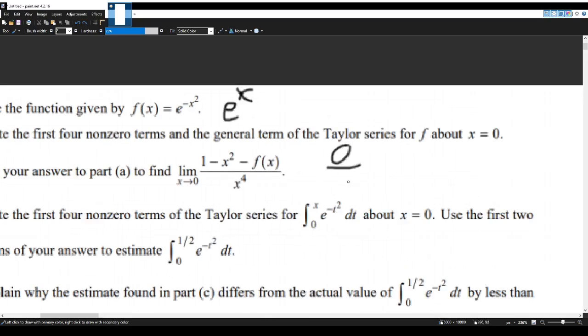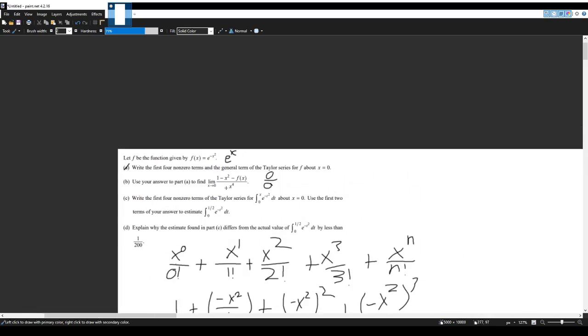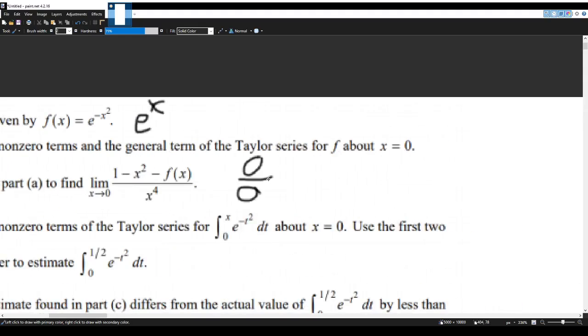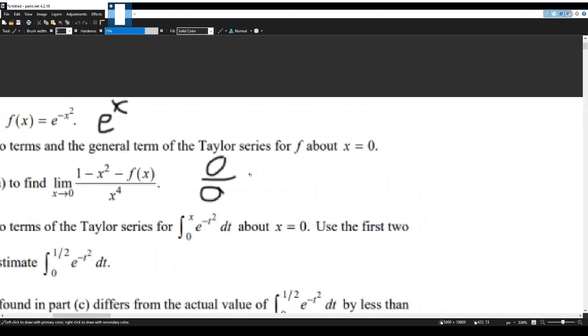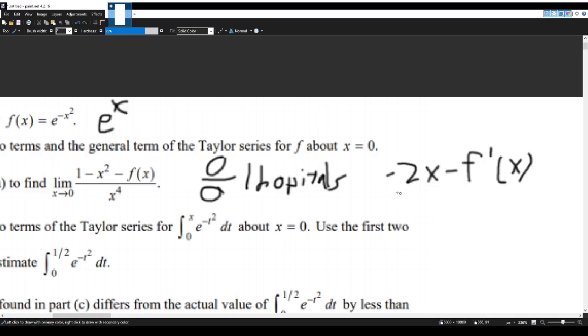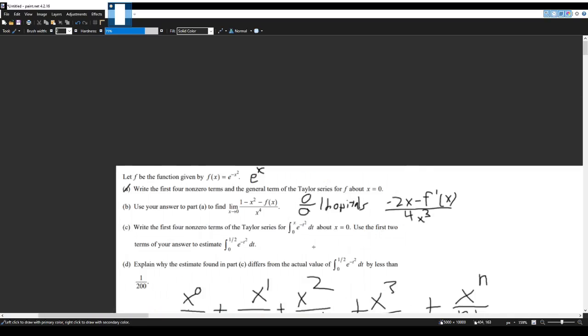So the top is going to be 0 and the bottom is going to be 0, which means we can use L'Hopital's rule. What we can do is take the derivative of both the top and the bottom. So this is going to turn into, derivative of the top, negative 2x minus f prime of x, over 4x to the third.